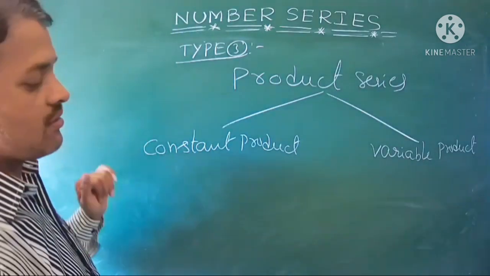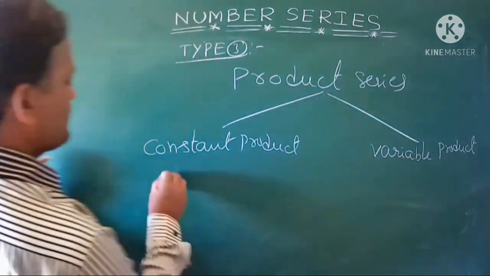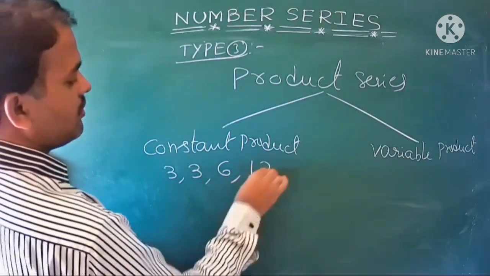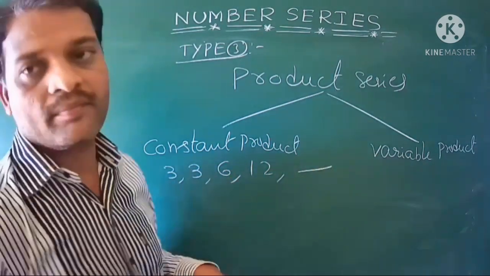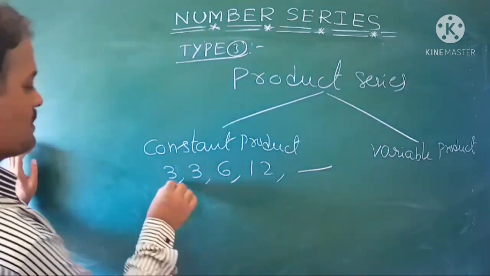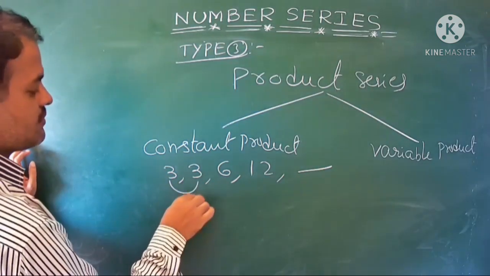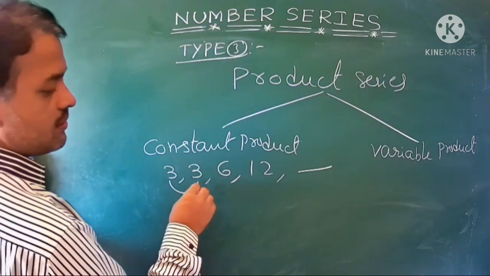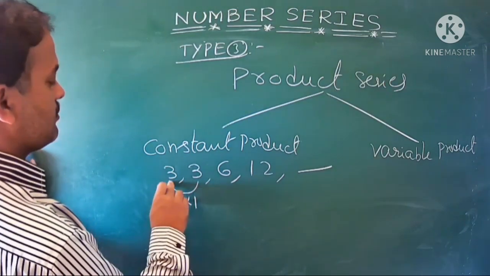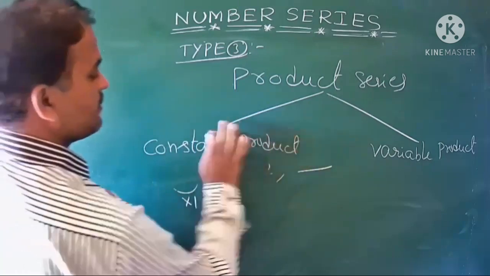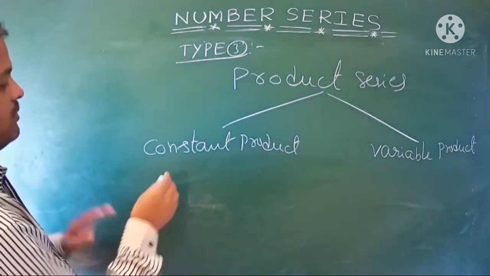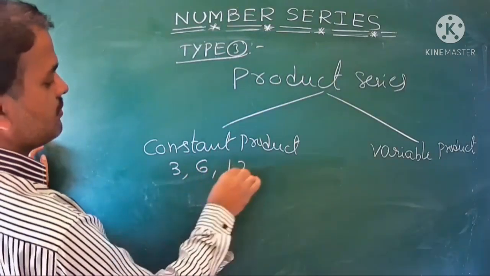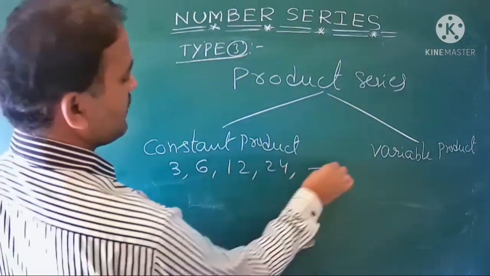Now if it is constant product series, what is the relation? 3, 3, 6, 12, dash. Here 3 ones are 3. Not for this, I'll give one more example: 3, 6, 12, 24, dash.